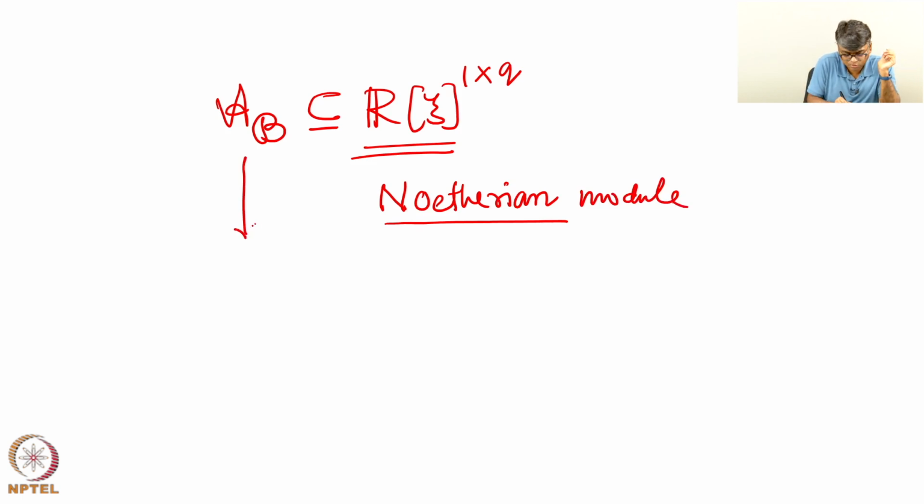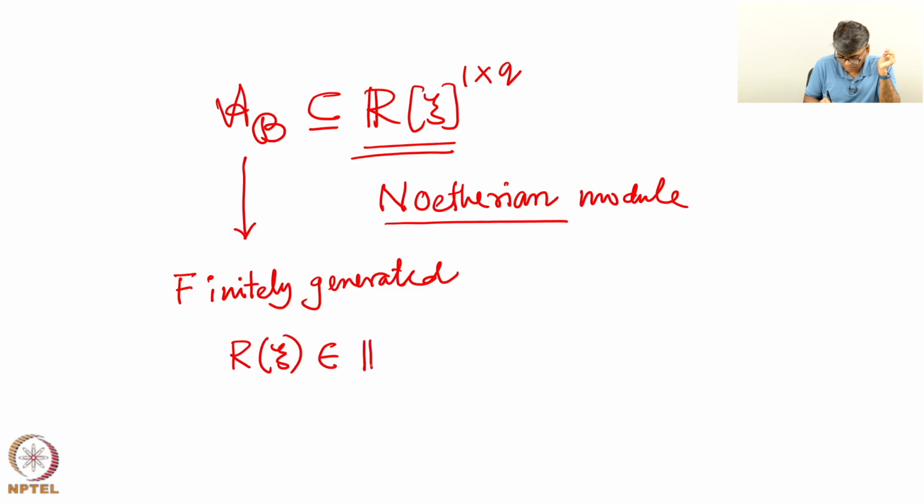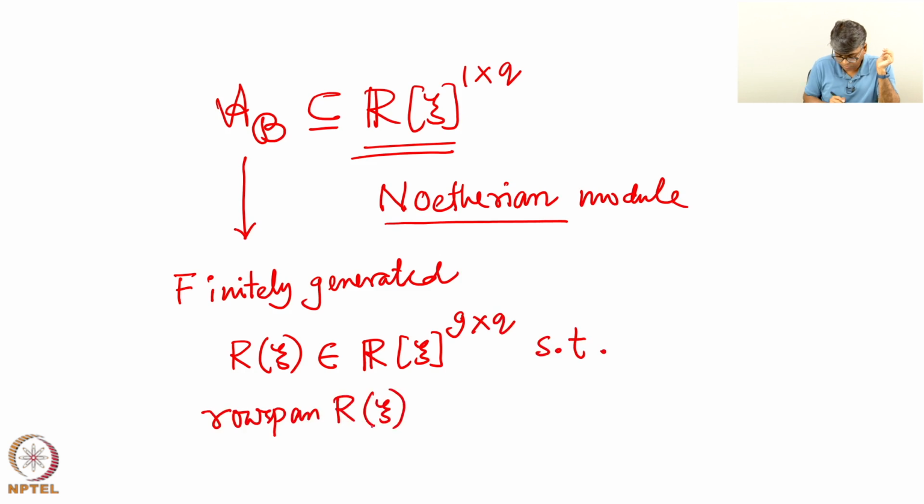So this must also be finitely generated. That means I should be able to find a matrix R xi of size G cross Q such that the row span of R xi, that is the row module generated by the rows of R xi, is equal to this annihilator of B.